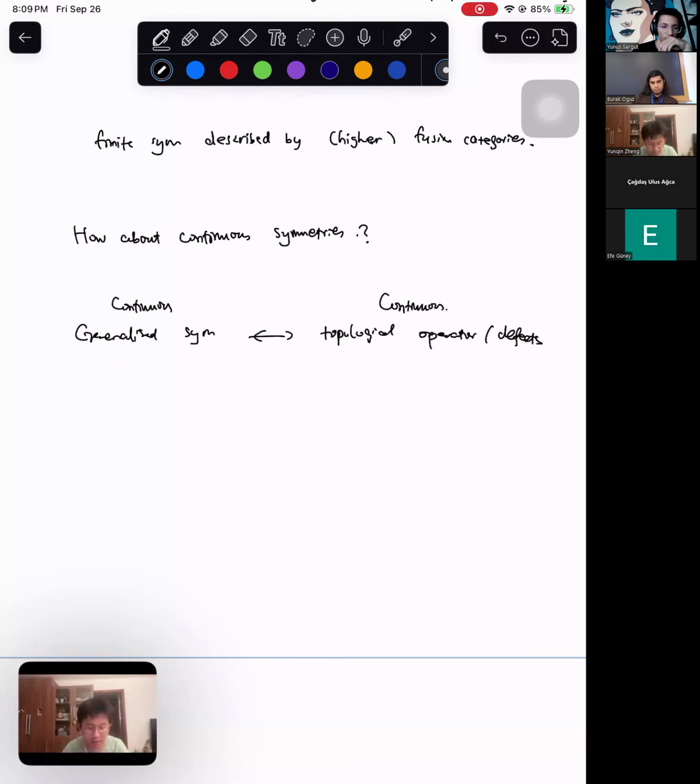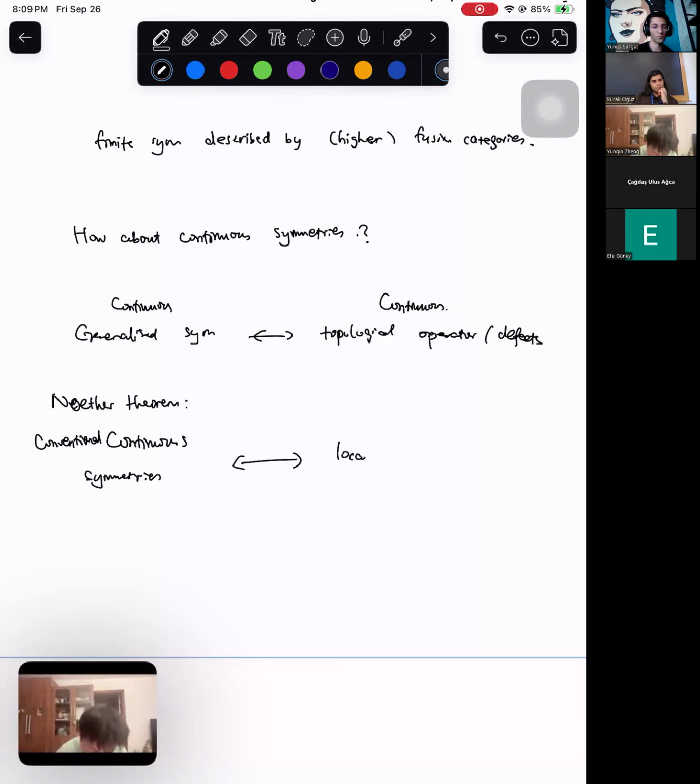And the Noether theorem told us that the ordinary or conventional continuous symmetries, by conventional I just mean that it's a zero-form and it's invertible, they come with a local conserved current.